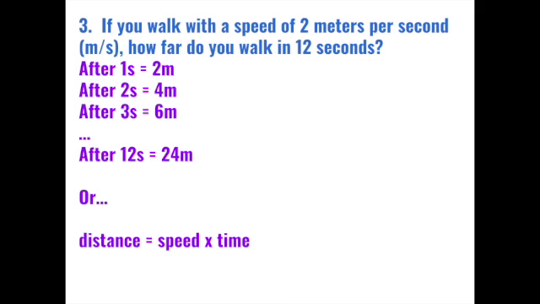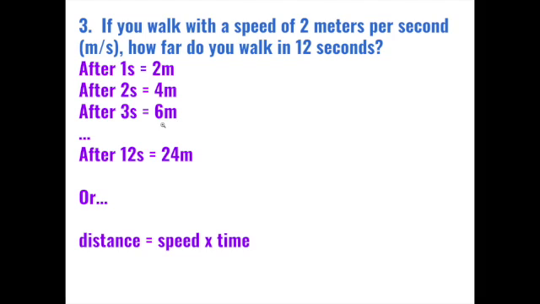Check this out. If you walk with a speed of 2 meters per second, how far do you walk in 12 seconds? Well, if I'm going 2 meters per second, after 1 second, I've gone 2 meters. That's what it says, 2 meters every second. After 2 seconds, I've gone 4 meters. And after 3 seconds, I've gone 6 meters. Continue that process out, and after 12 seconds, you go 24 meters.